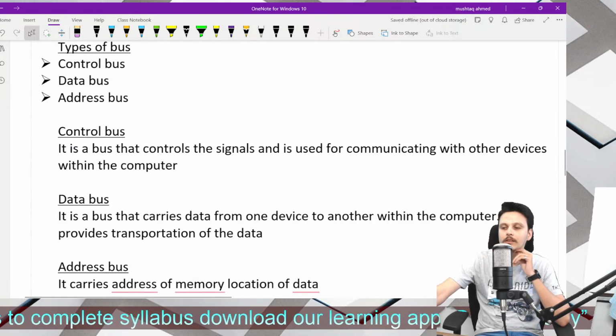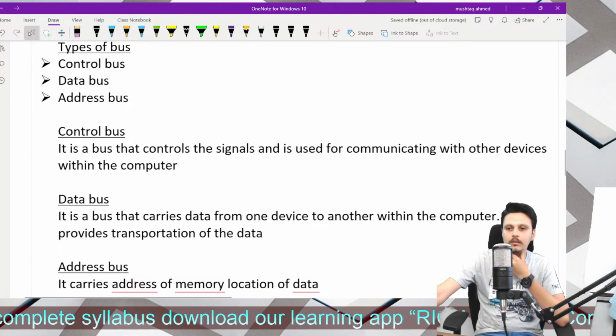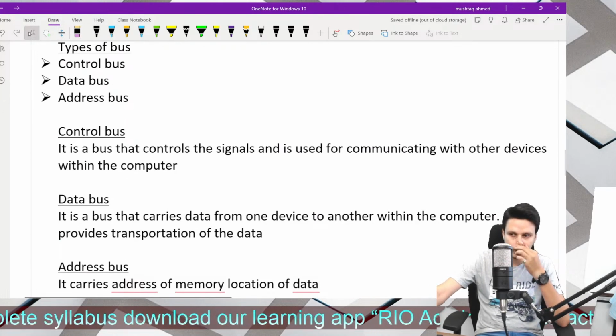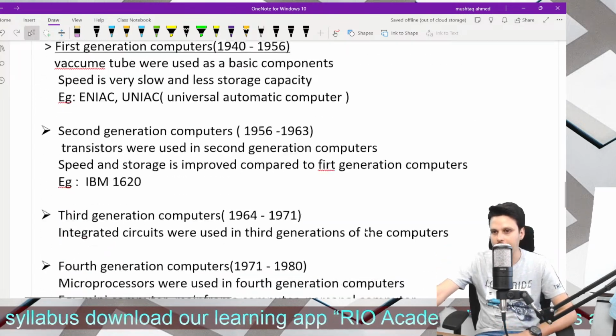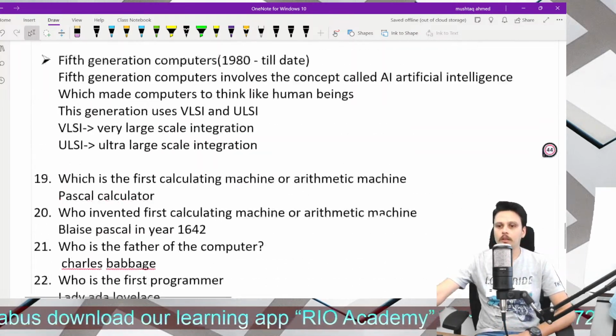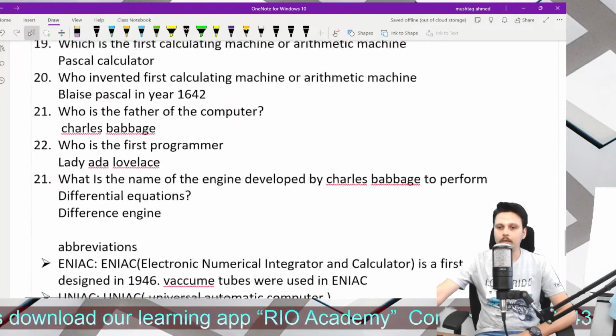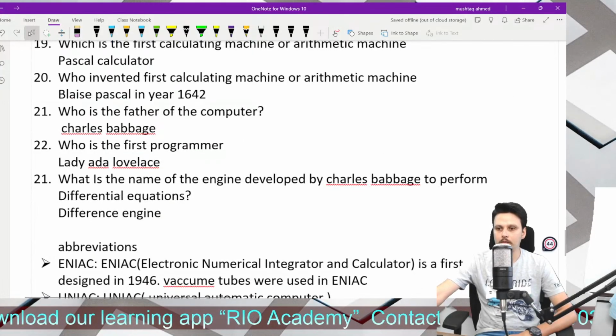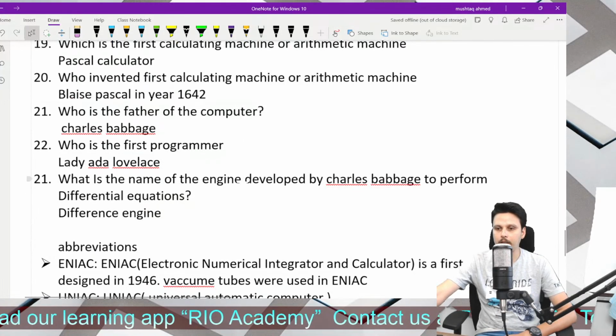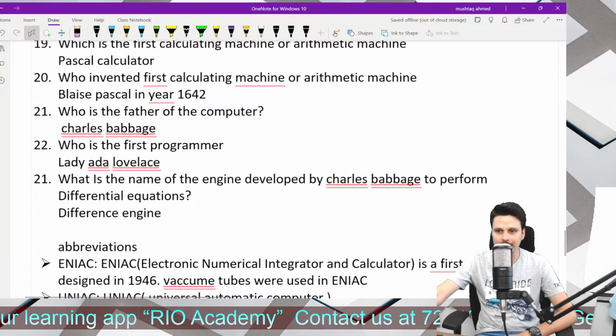One byte is equal to 8 bits. Related to bytes, I will start in the next class.